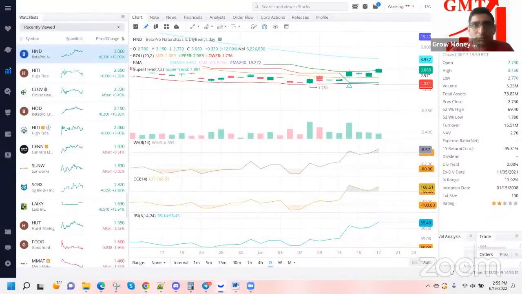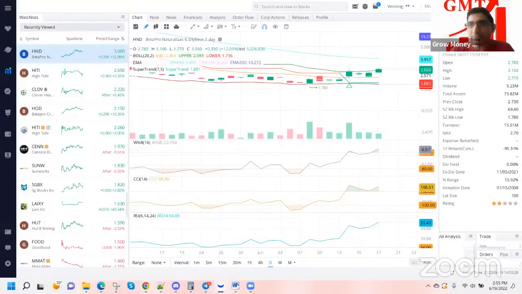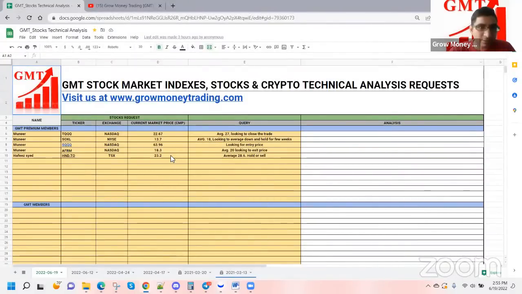HND.TO. It seems there is a difference in price. Hafid, maybe you can share separately the stock which you have requested, because for HND the current market price is $3 and you have mentioned 23.2.